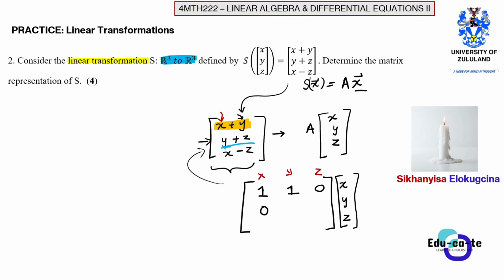Do we have the coefficient of Y for row 2? Yes, we do, because we have Y here. It's 1Y, the coefficient is 1. You can see that, right? And for the Z part, do we have the coefficient for Z? Yes, there is 1Z there. So this is 1Z.